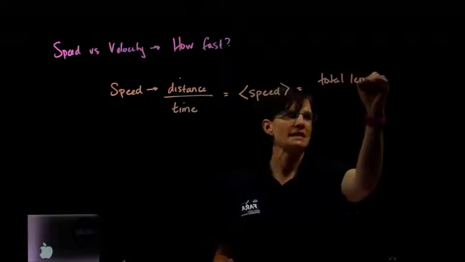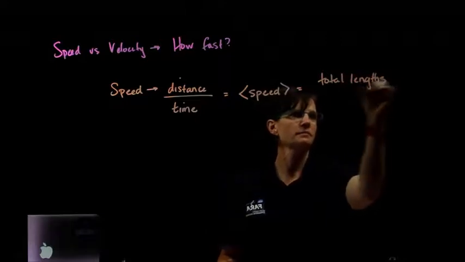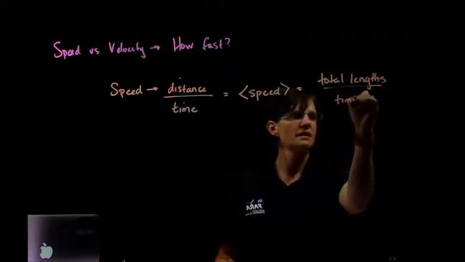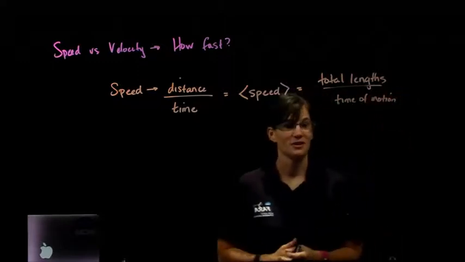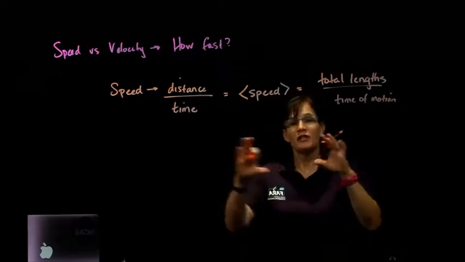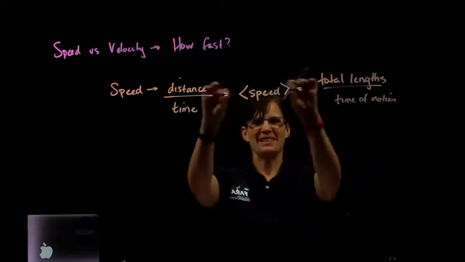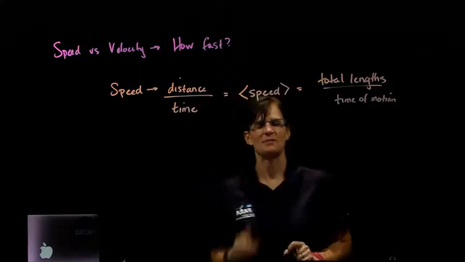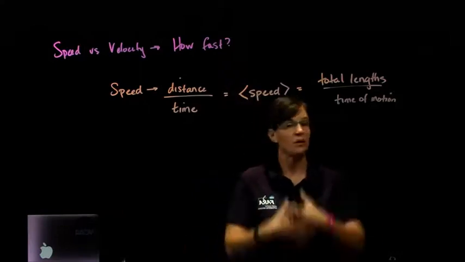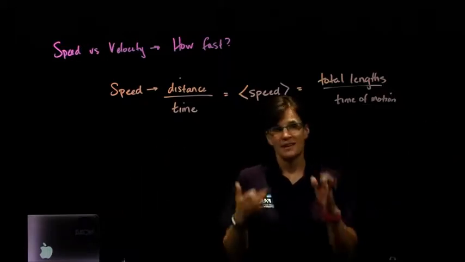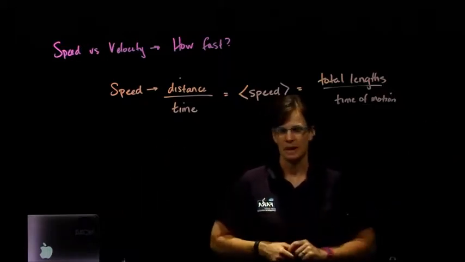So remember, distance was total lengths. And our time is the time of the motion we care about. We learned how to define that in our time unit. Average is represented by these little triangular crosshatches, so it's a mathematical way to represent average. So the average speed over the whole course of the time is defined as the total lengths for the time of the motion.